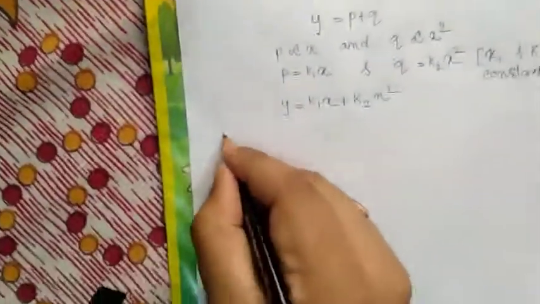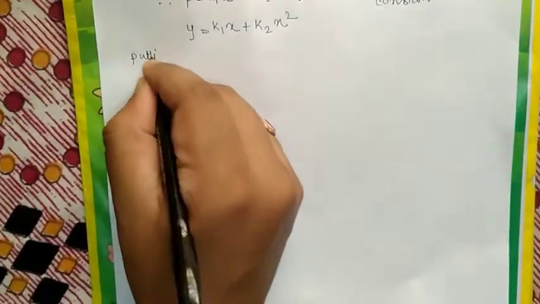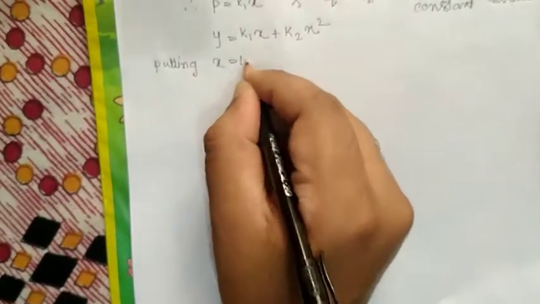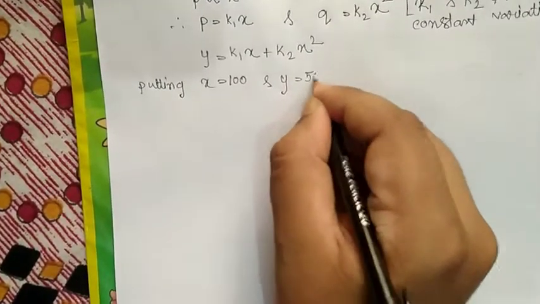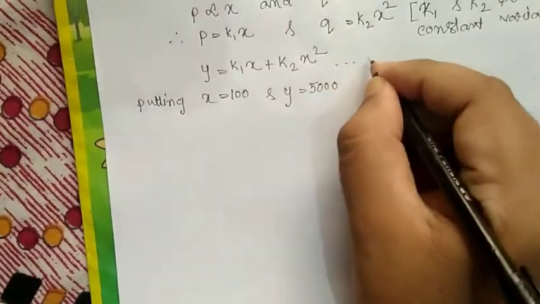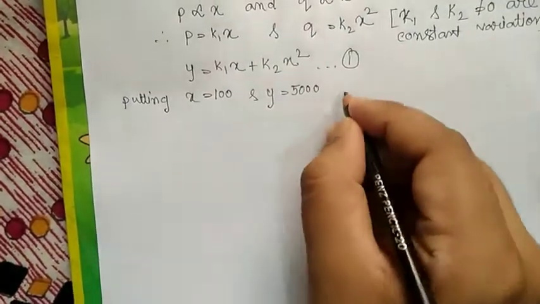Now first of all, the question says the expense of digging a well of 100 decimeter is 5,000 rupees. So putting x equal to 100 and y equal to 5,000, this is equation 1.